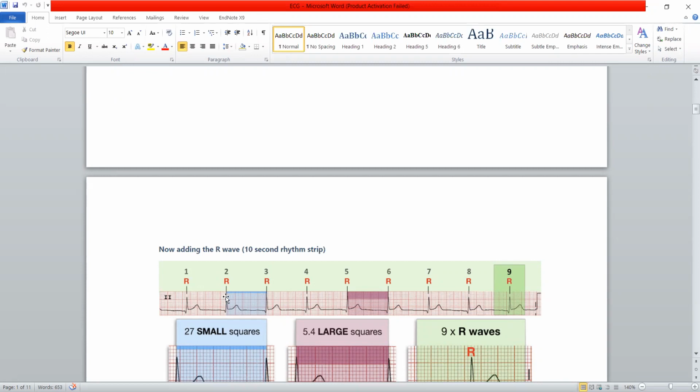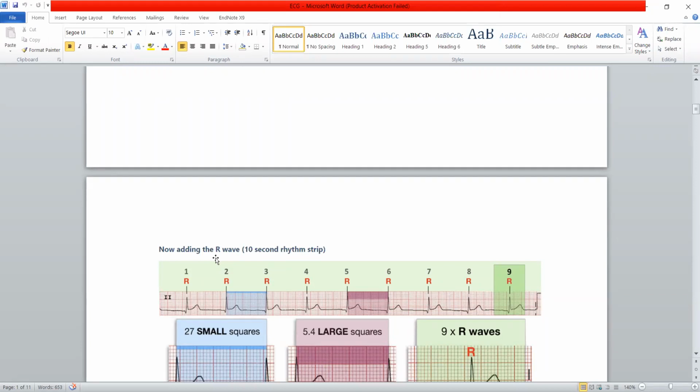Can anyone tell me? Yes, almost 4. 1, 2, 3, 4, 5. It's 5 large boxes, or large squares, between two R waves.